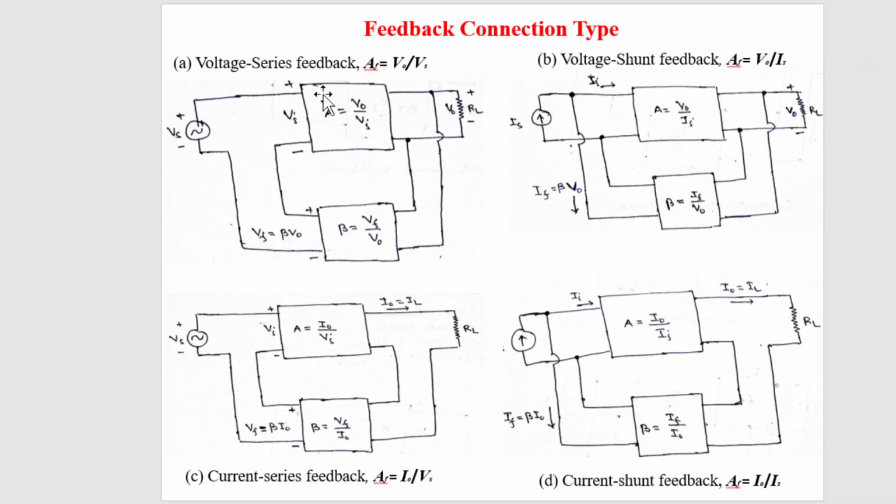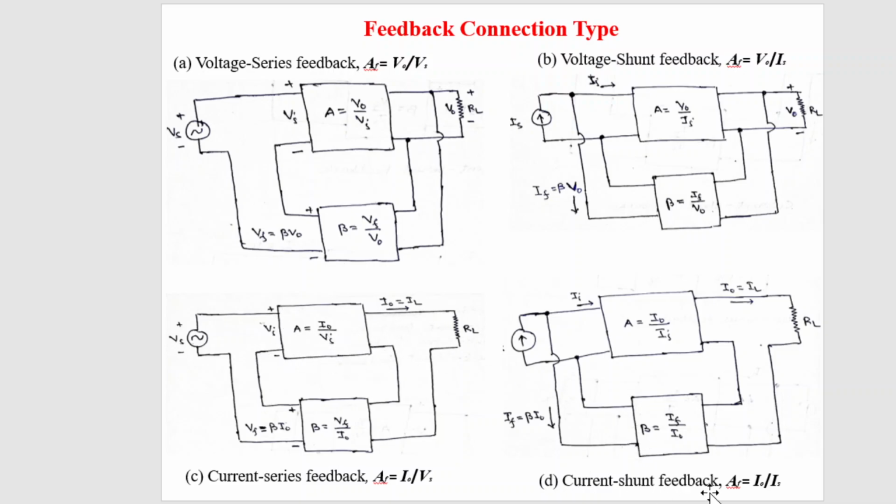The gain at the amplifier stage for voltage series was Vo upon Vi, and for voltage shunt it was Vo upon Ii, because here the input was current. For current series it was output signal upon input signal, that is Io upon Vi.